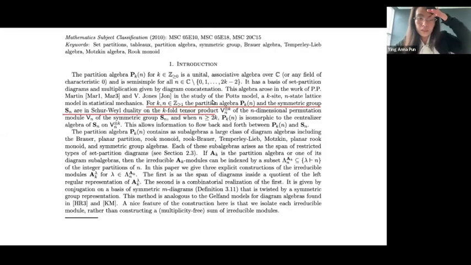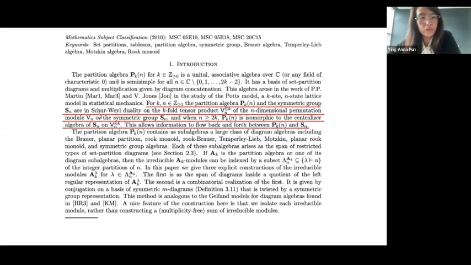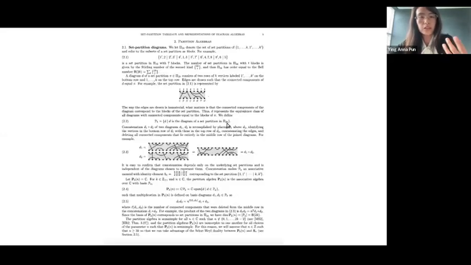You can see that it is related to something called the partition algebra and the symmetric group. That's Schur-Weyl duality, which tells you the relation between these two things. If you're not familiar with the partition algebra, that's okay. You can always look at the paper and see what that is.